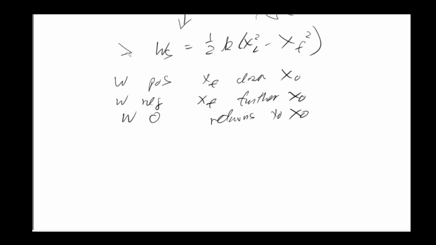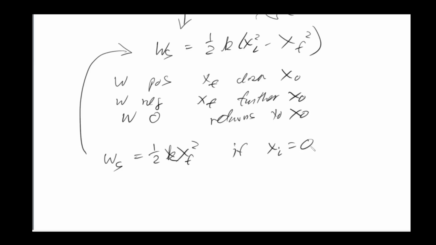And also from this equation, we can find that the work on the spring is equal to 1/2 k x final squared if the initial position was at 0.